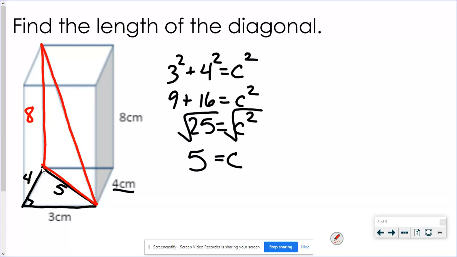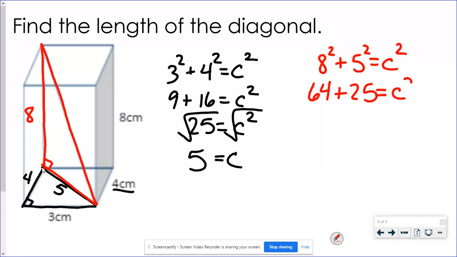But again, this is my right angle. The 8 and the 5 are my legs. This is not going to be a Pythagorean triple. So 8 squared plus 5 squared equals c squared. 64 and 25. 64 plus 25 is 89. Now, 81 is a perfect square.